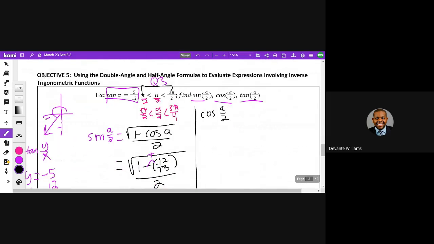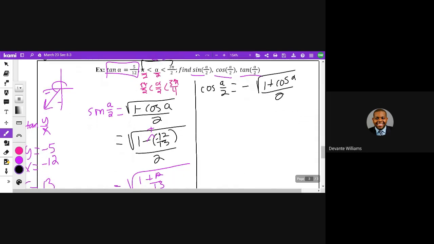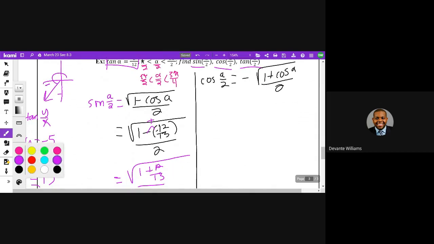Equal to negative square root of 1 plus the cosine of A, all divided by 2. Plug it in. Equal to negative square root of 1 plus the cosine of A, which we already found is negative 12 over 13, all over 2.